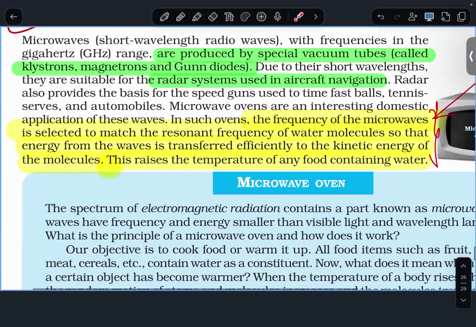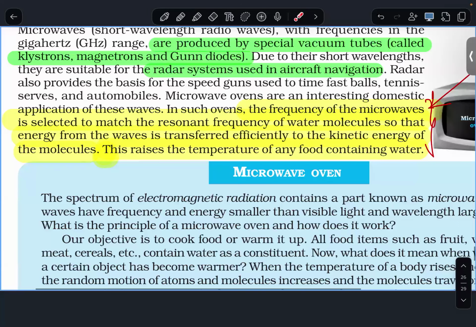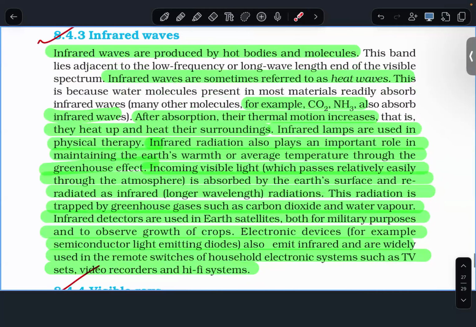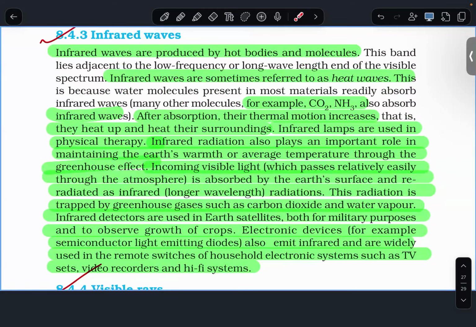Next, infrared waves. Infrared waves are produced by hot bodies. Remember the source: on the left side box, they will give infrared, UV, and on the right side, detection. It is a matrix match type mains question.